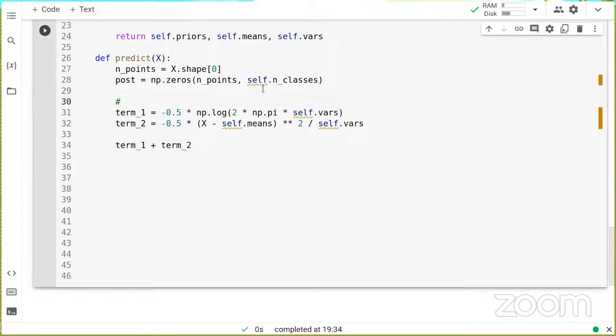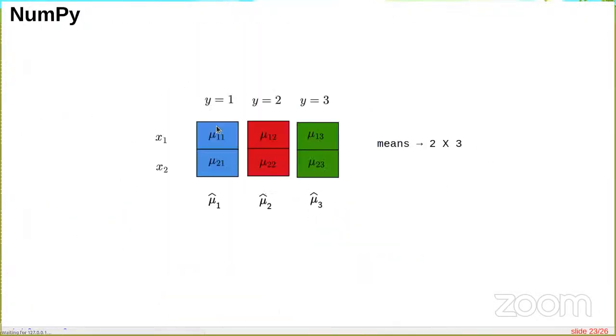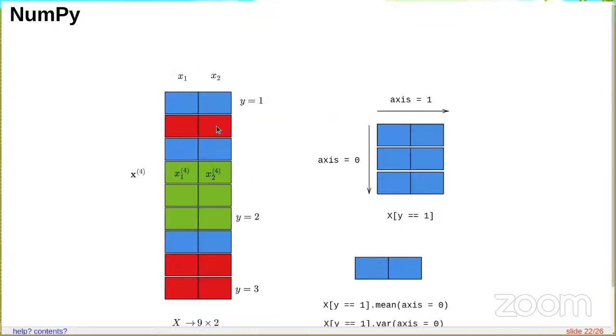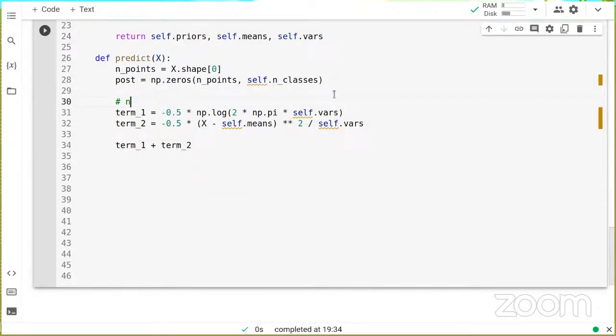So term 1 is, so what shape does variance have? Let's go to these images. The means and variances are of shape feature vector cross classes, right? So, number of features cross number of classes. That is the shape of term 1.